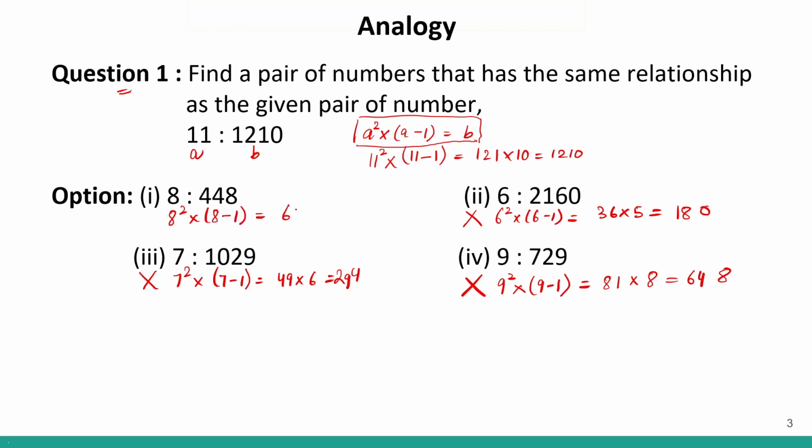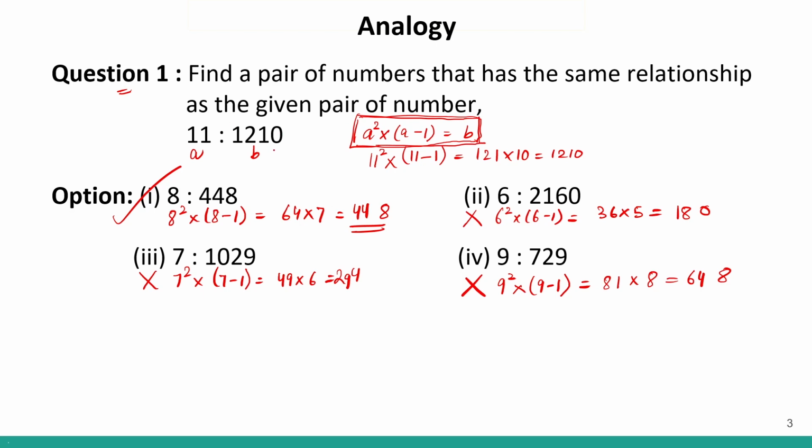So 8 square is 64 into 7. Now 4 7s are 28. 2 will be carried. 6 7s are 42 and plus 2 will give me 44. So over here the logic follows. Therefore the answer will be option number 1, 8 is to 448, because it bears the same relationship which is given over here.